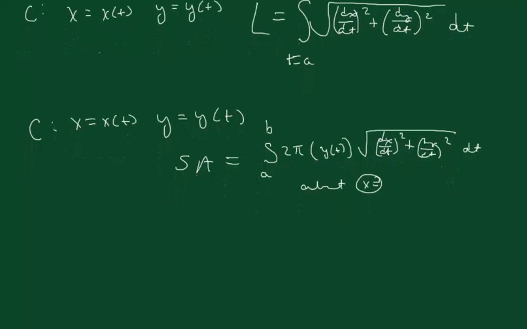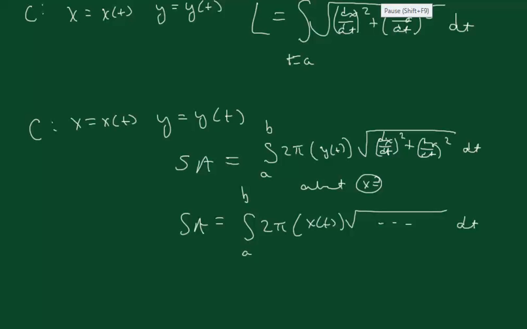And if you take this curve that we're calling C and you revolve it around the y-axis, then it's 2 pi x of t times the quantity that we have above. So I just wrote the formulas here in class. We really developed these so that people understood it, but for now I'm going to need you to memorize this, and let's do a couple examples with it.